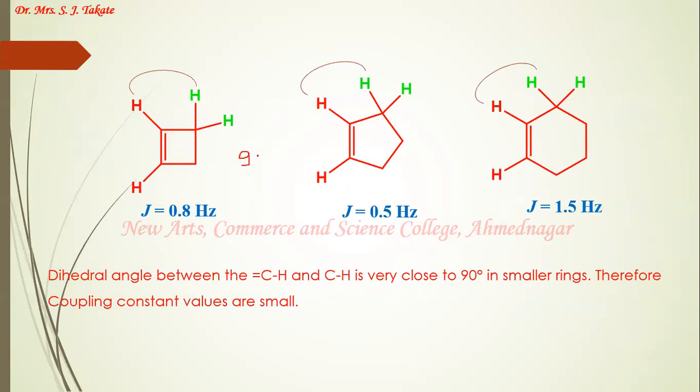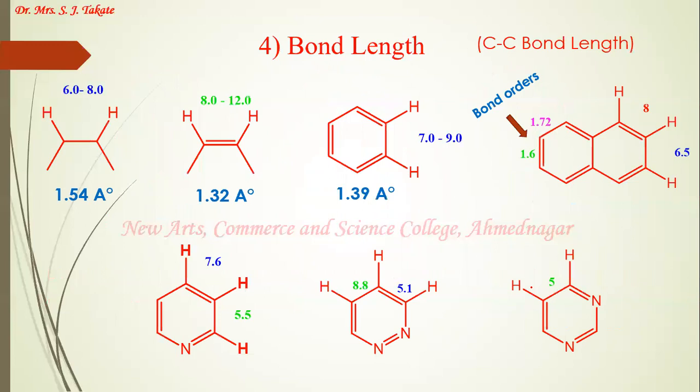It's very close to 90 degrees, and therefore the coupling constant values are very, very small. So one can use these coupling constant values in deciding the ring size. Smaller the ring size, smaller will be the coupling constant value for vicinal partners.